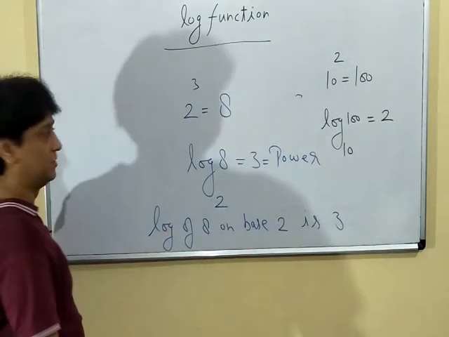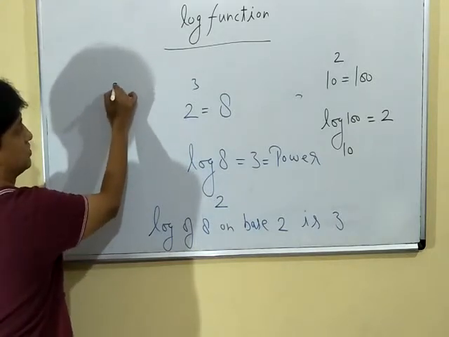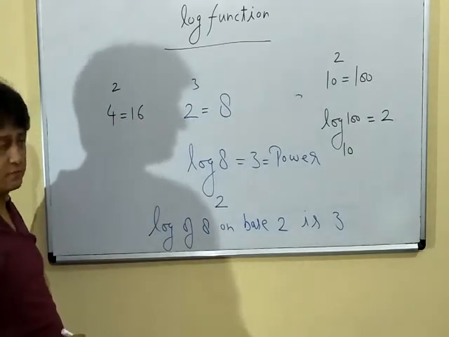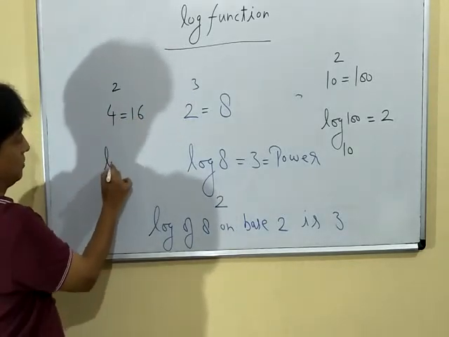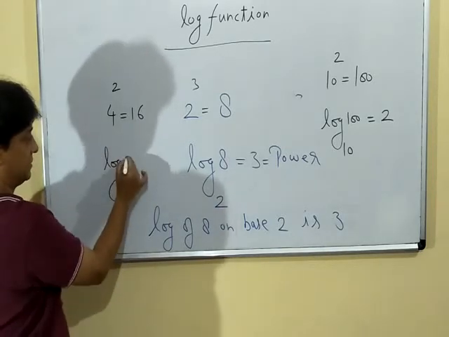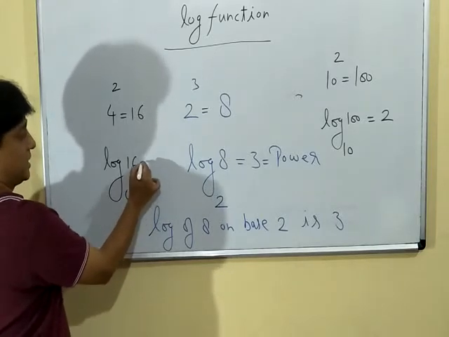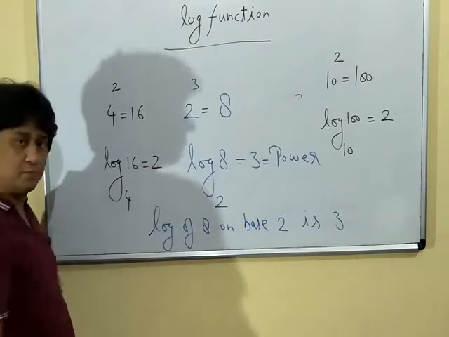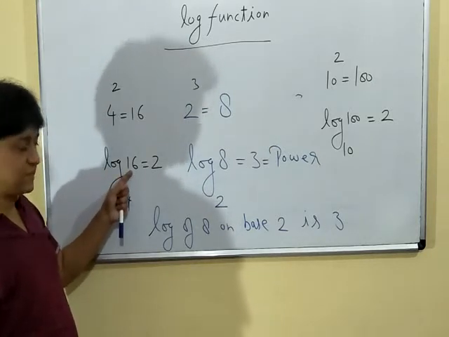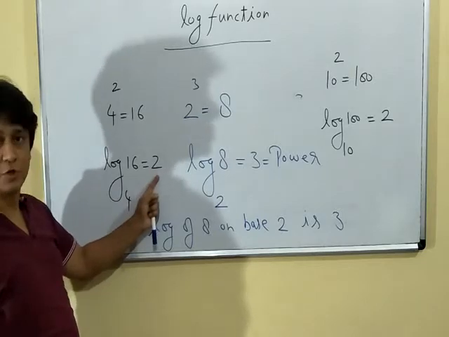Let's take another example. 4 square equals 16. Log किसका log? 16 का. किस बेस पर? 4. क्या मिला अपने को? 2. How do you read it? Log of 16 on base 4 is equal to 2.